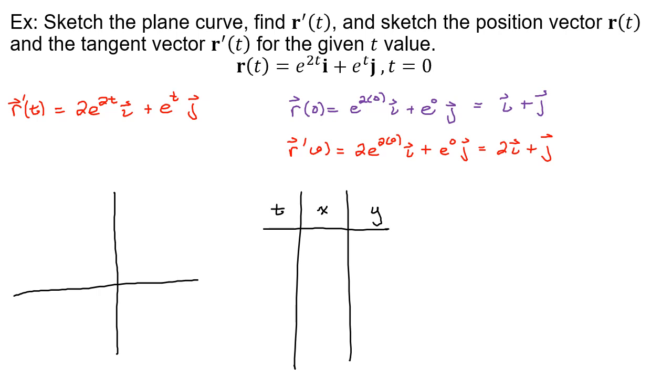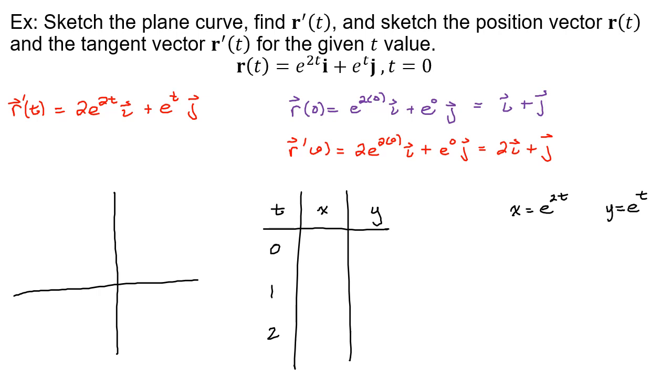We're starting at t equals 0 for the point that we actually plugged in. So we'll just start with 0 as well. We'll do 0, 1, and 2. Remember, your x here is the e to the 2t. Your y is just e to the t from your vector function.